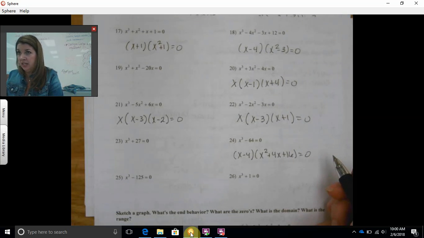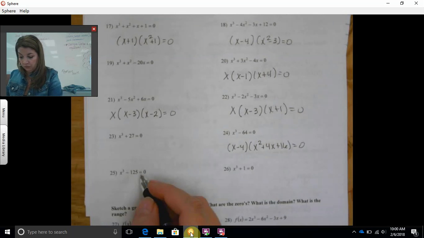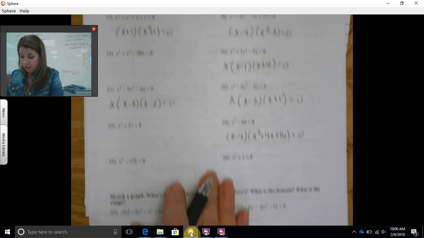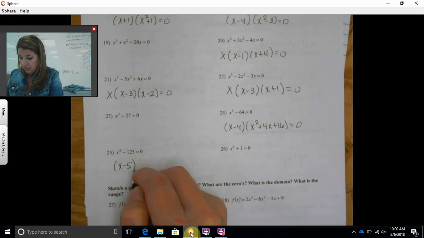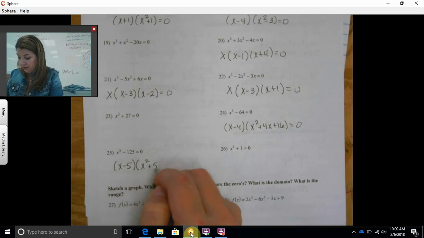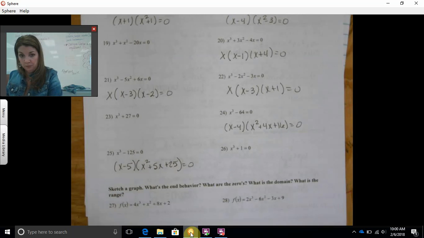I can do it in my head. It's not going to work. What's 25? Difference of cubes. The answer is x minus 5 times the quantity x squared plus 5x plus 25 equals 0.